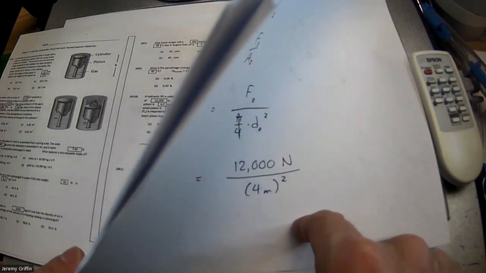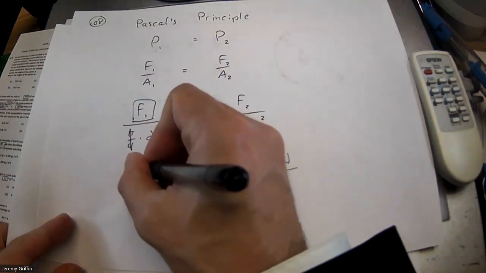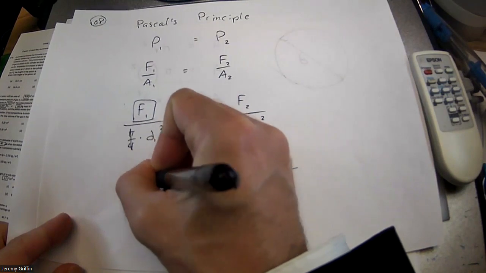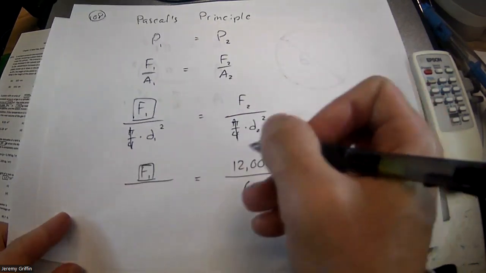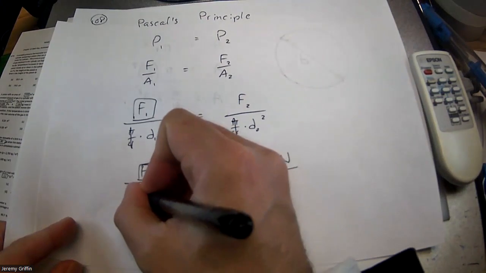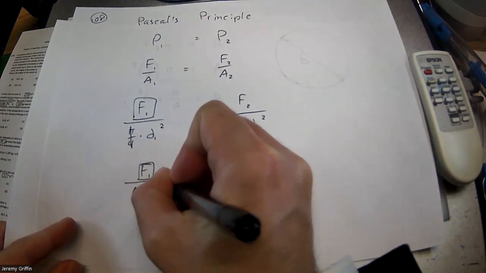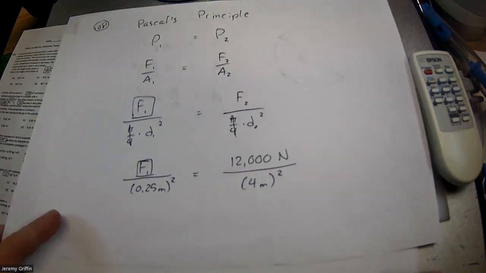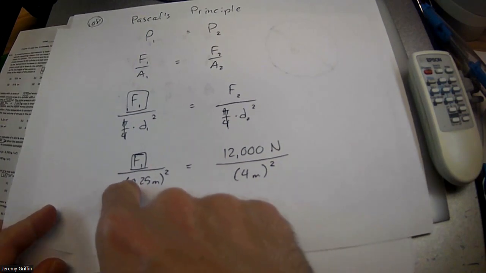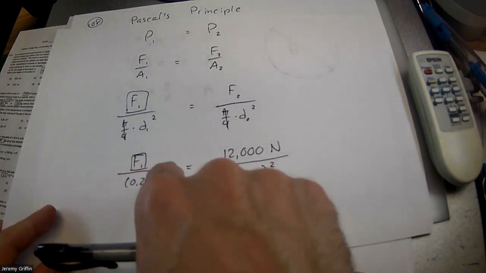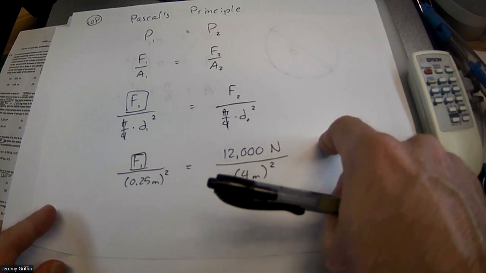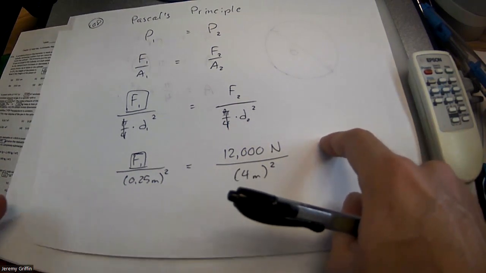Okay. And then here's the force input that I'm solving for. My input diameter was only 0.25 meters. And don't forget to also square that. You're going to see there's going to be one algebra step after this point. I'm going to take the square of the small diameter and cross multiply it up. Right? You guys can do cross multiplication, right?